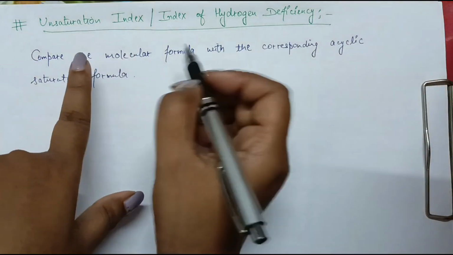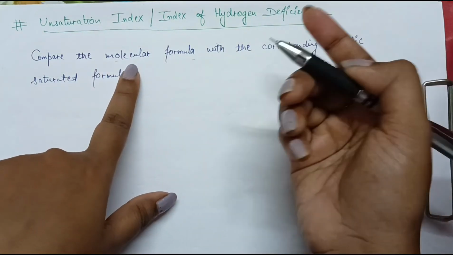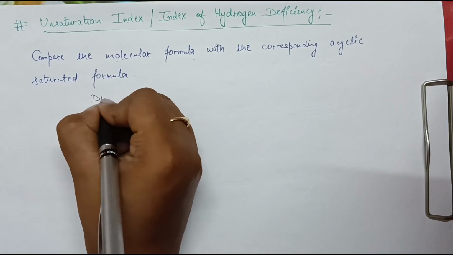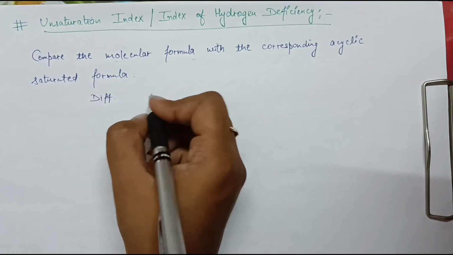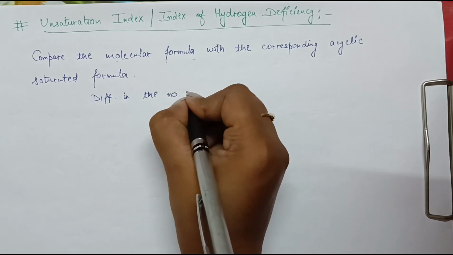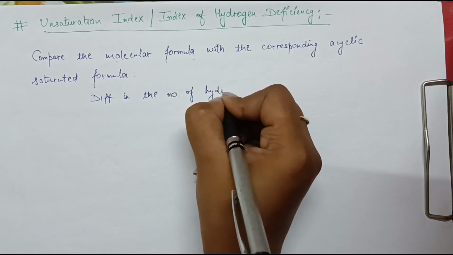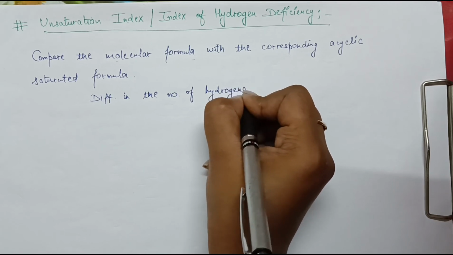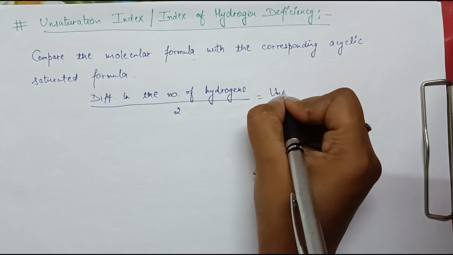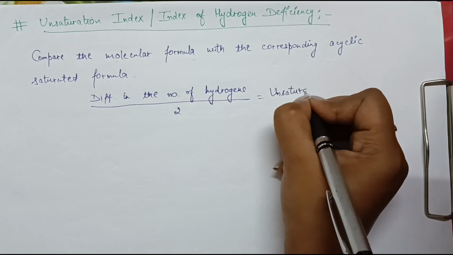When you compare them, there will be some difference in the number of hydrogens. Just divide that difference in number of hydrogens by 2 and that will be the unsaturation index.